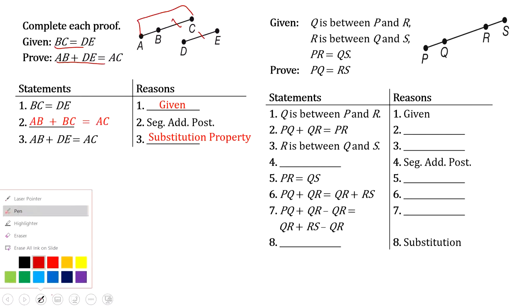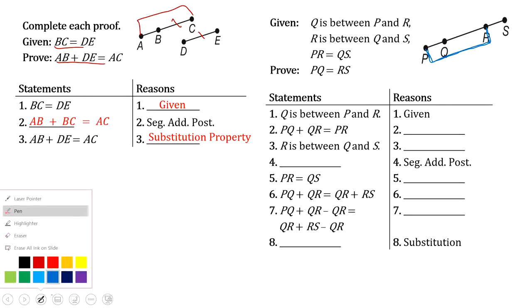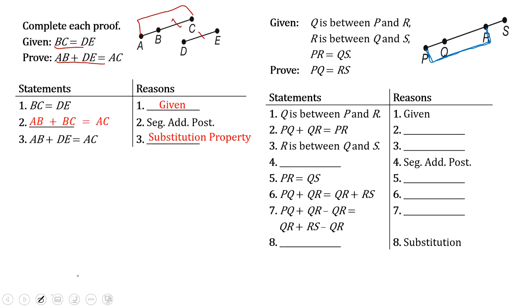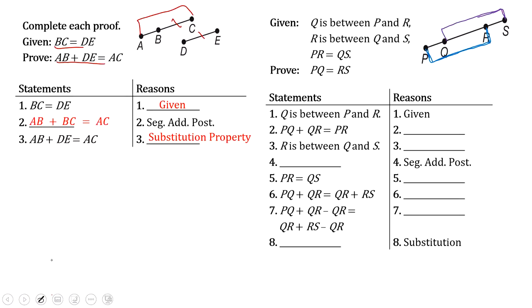We're going to do blue, and we have PQ and QR as one line segment we're looking at, or we're given information about. And then we're also told, we'll do purple, that QS is some other line segment we're given information about, where Q is between P and R, and R is between Q and S. So then what we're told, which I'm going to slash mark out in red, is that PR is equal to RS.